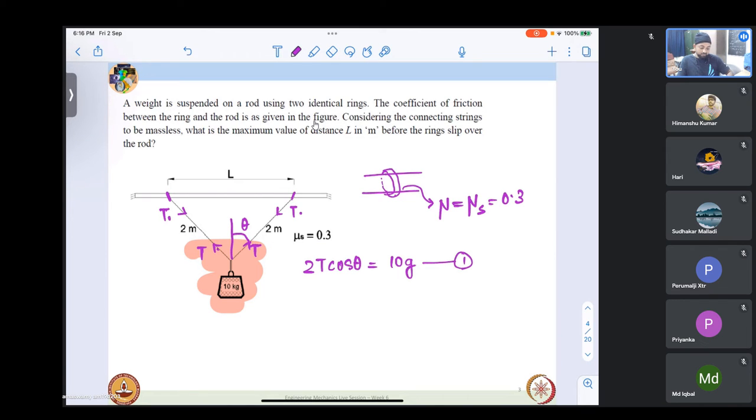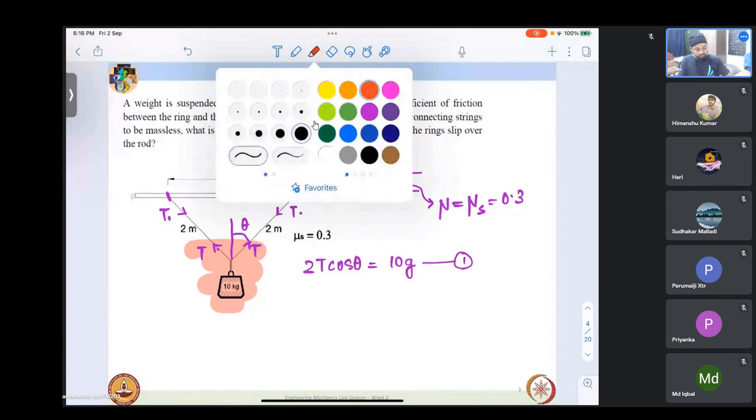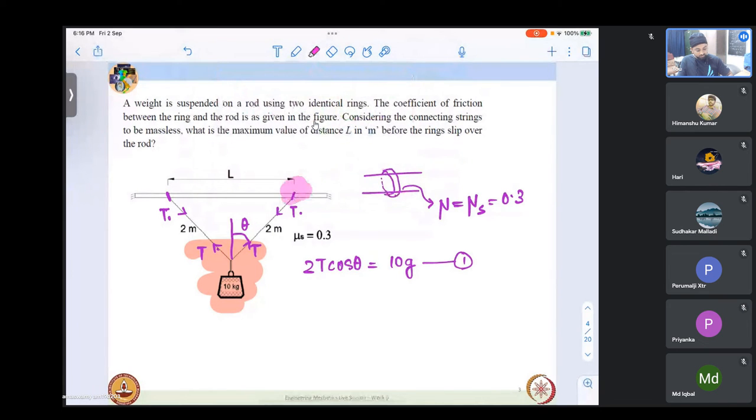The other equation: let us consider this subsystem and what is happening at that point. If we consider the whole thing, there will be two forces acting on the rod, which is the weight, 10g by 2 at each, symmetrically distributed.